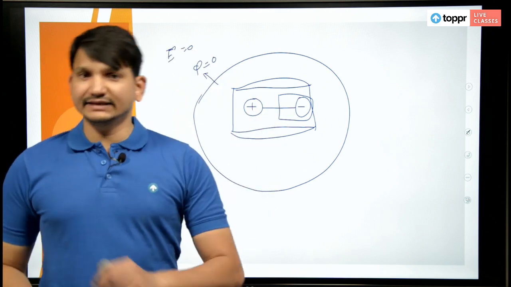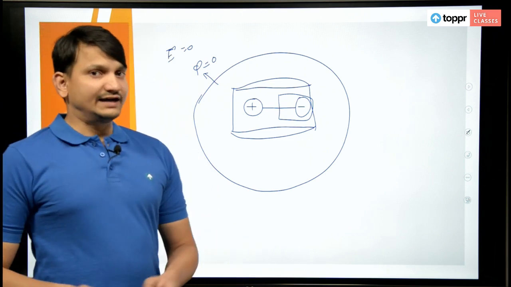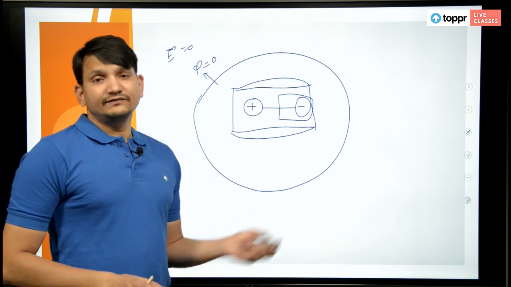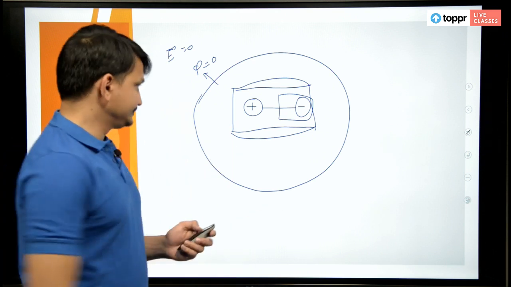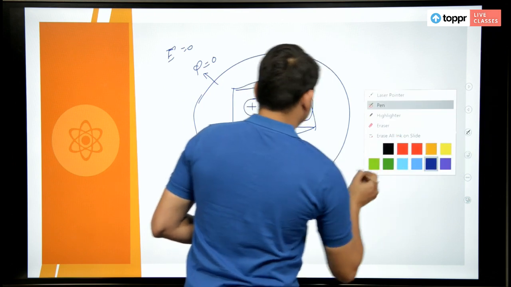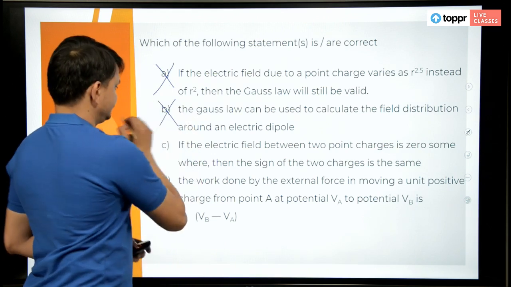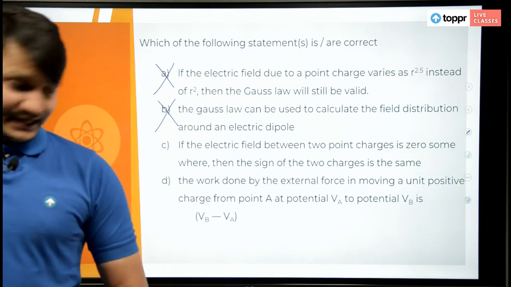So we can say that Gauss law is not useful to find the electric field distribution for a dipole. So that option is also wrong. Yeah. Let us see option C.